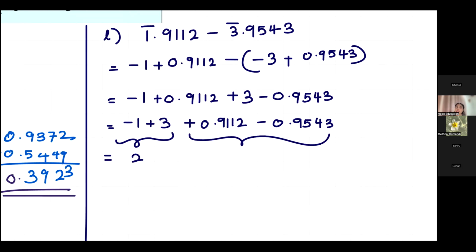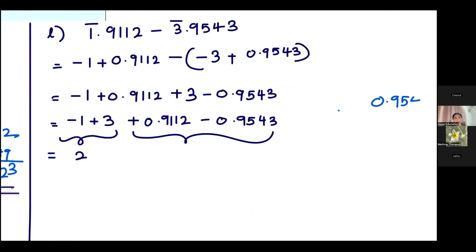Whenever you have addition, subtraction, as I told last week, look at the sign. Which one is the bigger number here? We have 0.9112 and 0.9543. Which one is the bigger number? 0.9543, right? Yes.